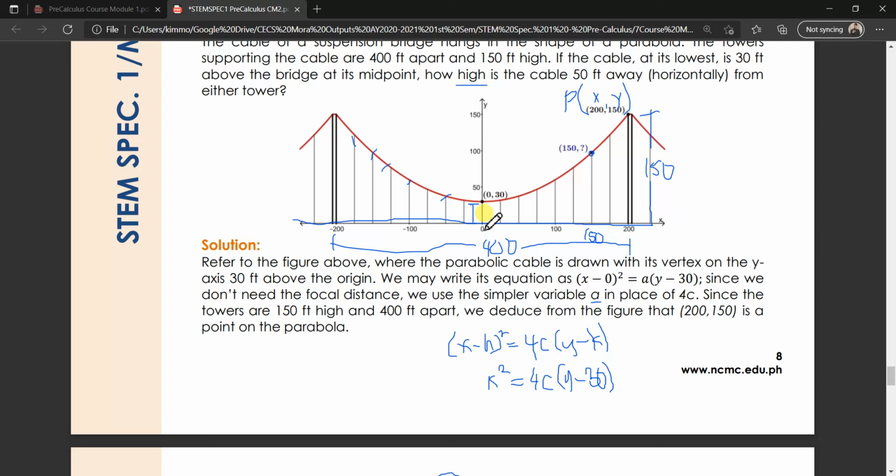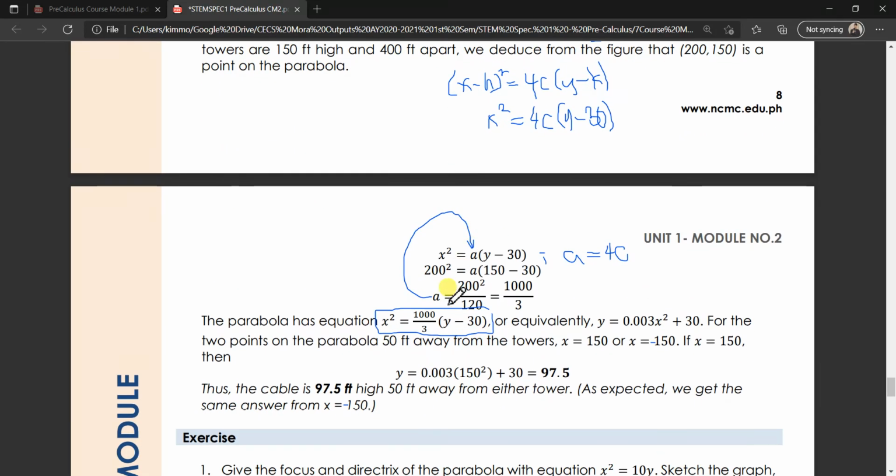So for example, naa ta sa 0. So unsa man ang height niya diri? So we already know that is 30. So if you are going to substitute 0 sa tong x and we are going to find y, then it will result to 30. Okay, you can try that.